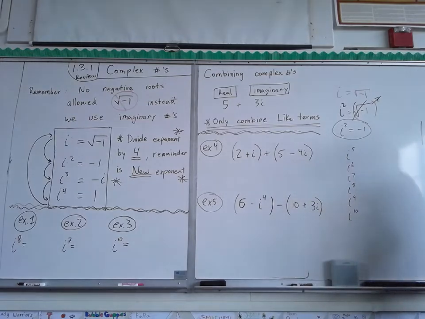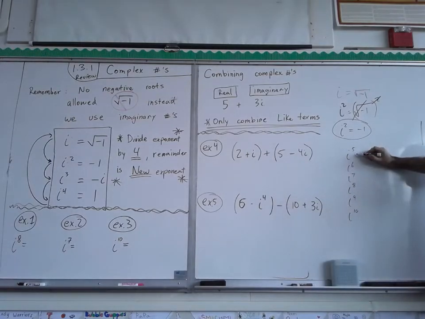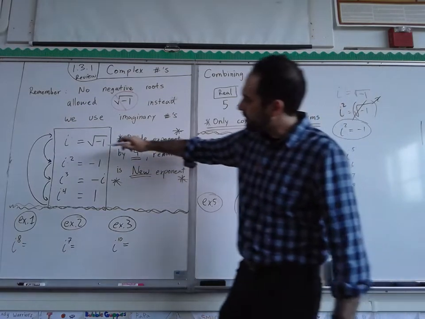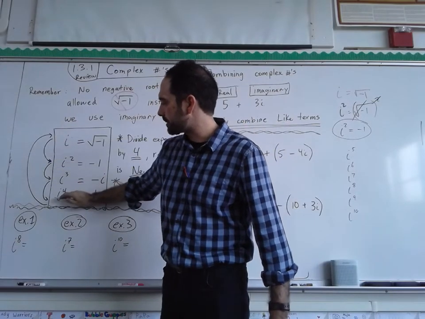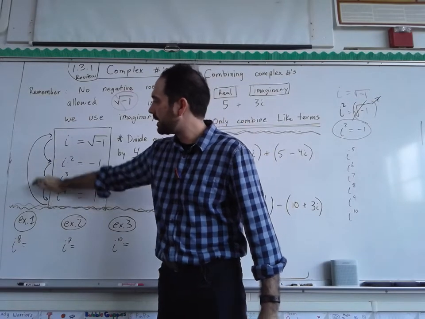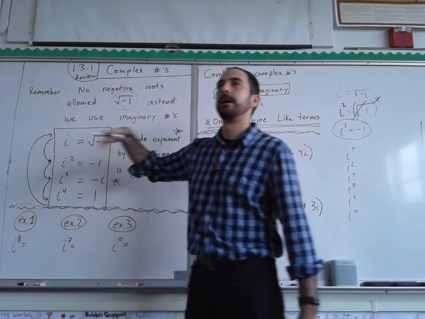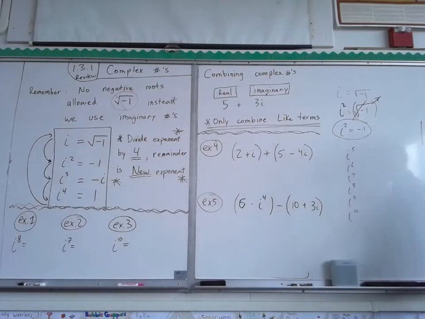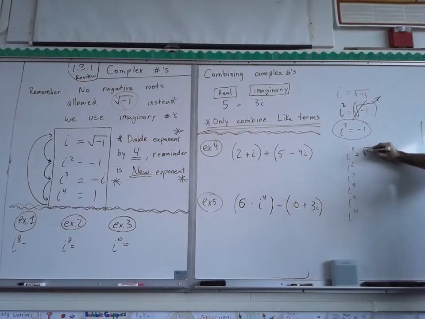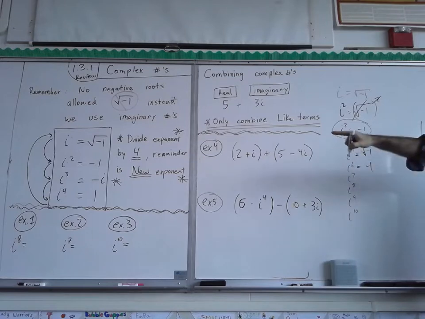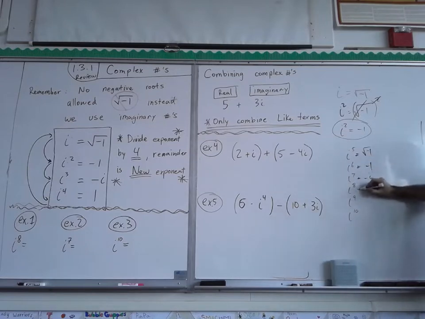When we get to i to the fifth, just like in the cycling through of first, second, third, fourth exponent, when I get to the next exponent, I go back to the top, and that is an equivalent i value. So i to the fifth is going to be the square root of negative 1. i to the sixth is negative 1. i to the seventh is negative i. i to the eighth is 1.